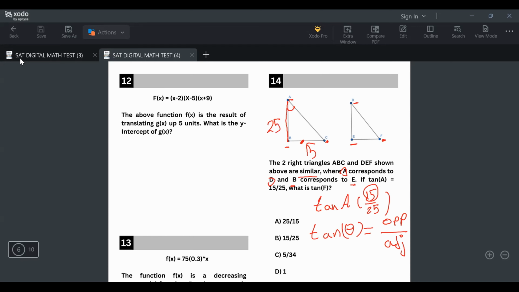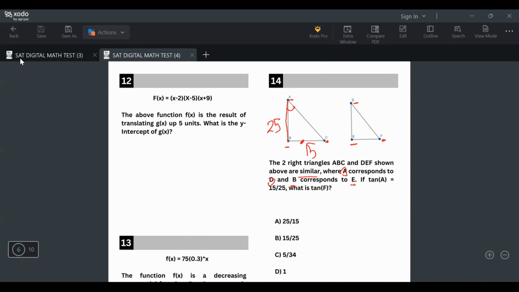Now, let me clear up some space. Now he wants us to find the value of tan of F. Where's angle F? It's there. We know that the tangent of an angle is equal to the opposite divided by what?